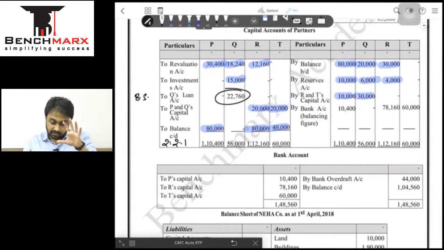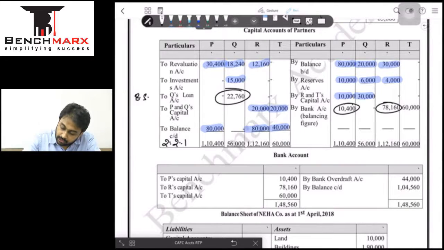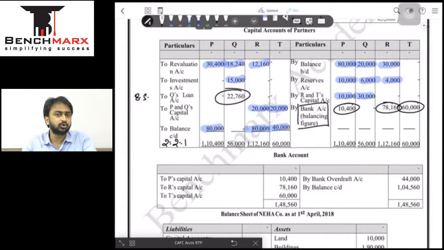ठीक है. Now using all this we are going to balance the partners capital account and जो balancing figures है, that is going to be used to close the bank overdraft. So जो भी अपना cash आएगा, the cash will be coming in and will be used to close the bank OD. So balancing figure जो भी आने वाला है in all the partners, this will be used up to close the bank OD.